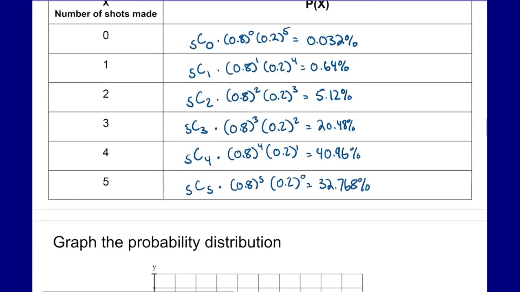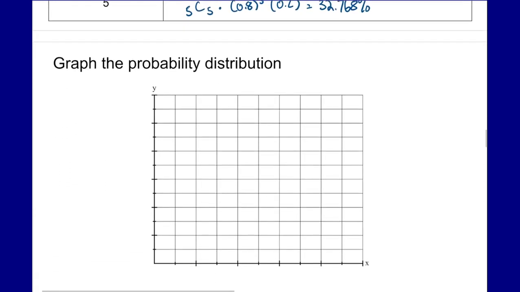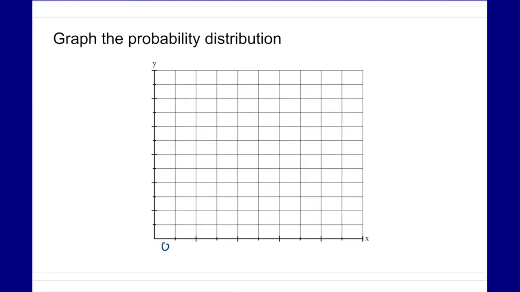Now, if I want to go through and graph this probability, I could put 0, 1, 2, 3, 4, 5, so number of shots made. We have our probability on the y-axis. We say 10, 20, 30, 40.